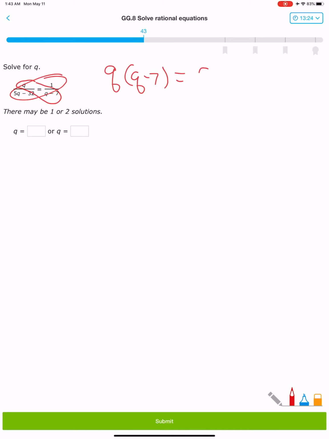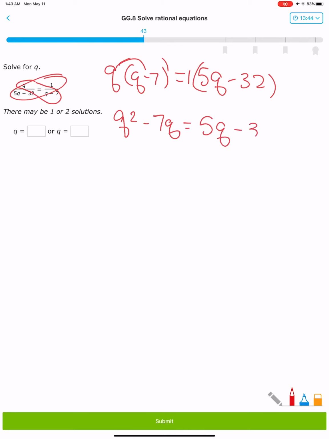So I'm just going to write 5q minus 32. I'll write the 1 in front of it so that you guys can see. But 1 times anything is just itself. So when I distribute this, we get q squared minus 7q. And this just becomes 5q minus 32.